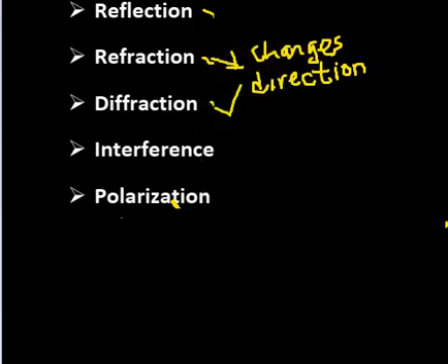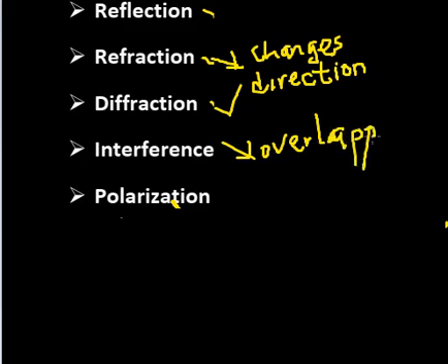So interference is simply the overlapping of waves that have the same frequency, or perhaps nearly the same frequency, where the difference is not much. They will overlap each other.